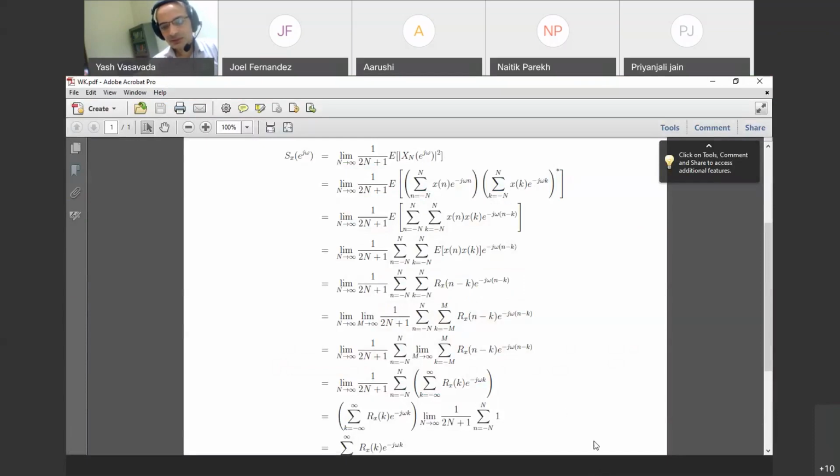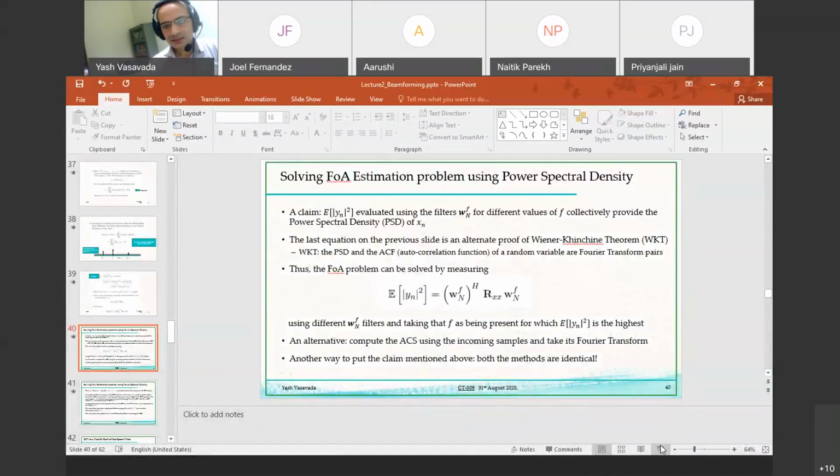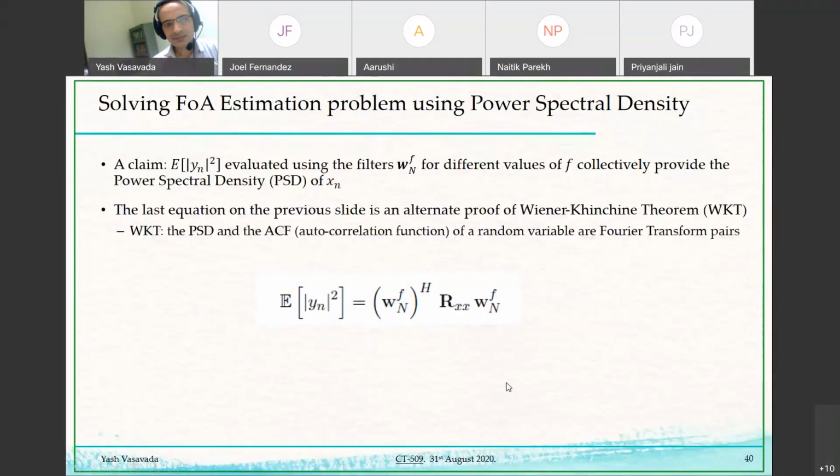One thing you will have to do is to make capital N approach infinity, as we just talked about. But if you do that, then that is what happens.